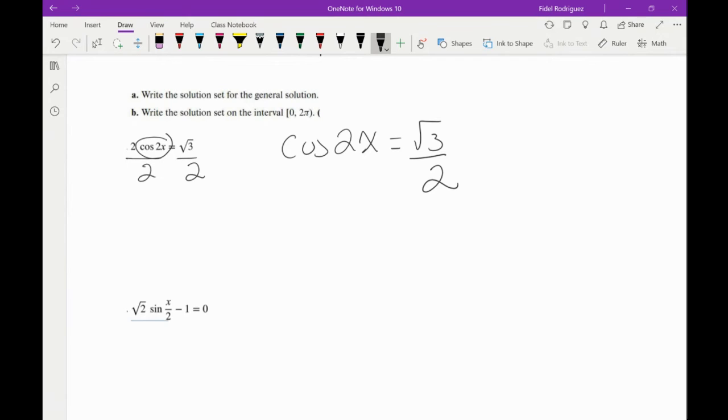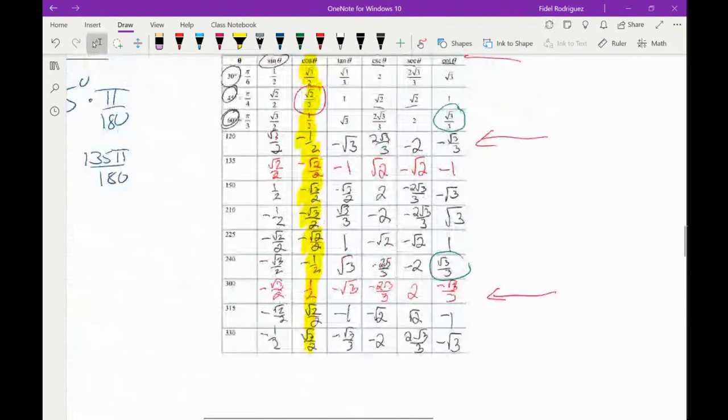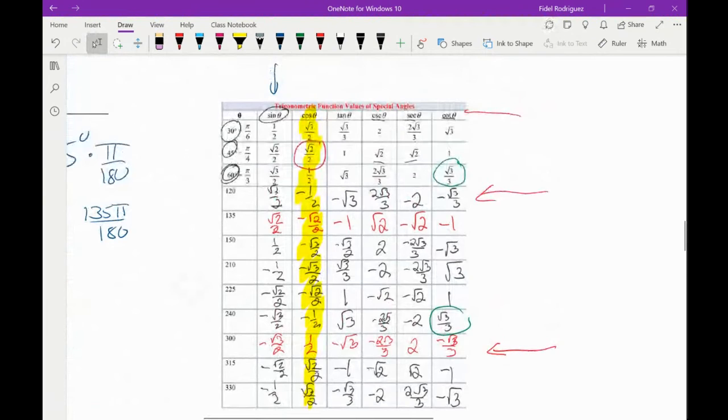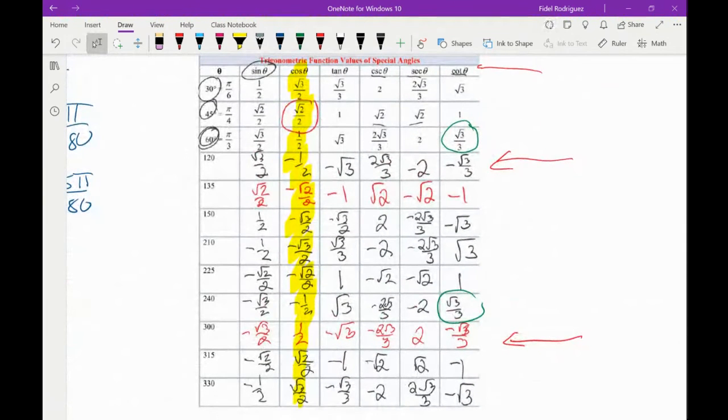Okay? So guys, I'm going to ask you another question. Just like we did before, look at what we have here, and let's come back to our chart. Where's my chart? Here we go. When is the cosine equal to the square root of 3 over 2?